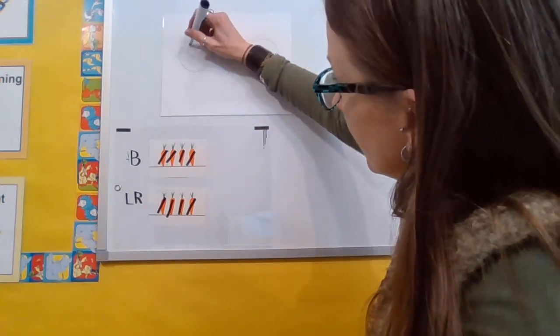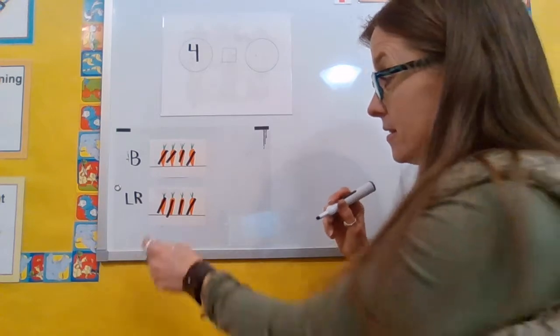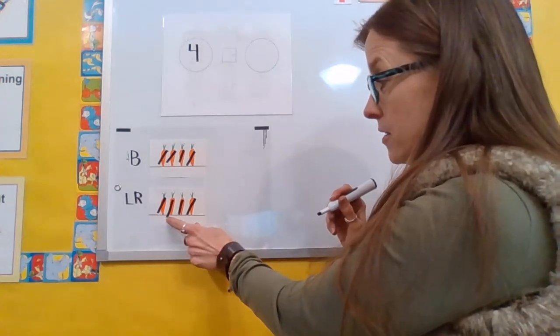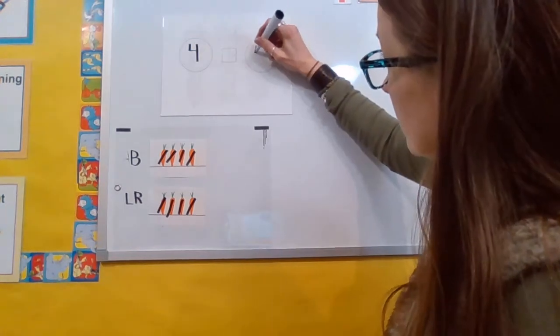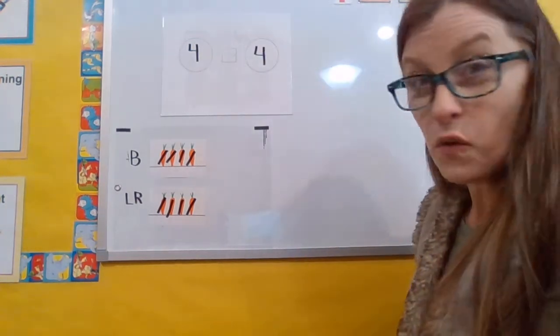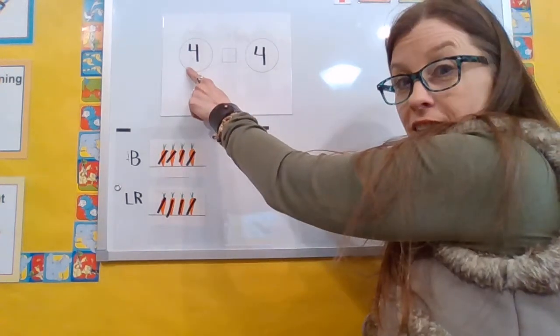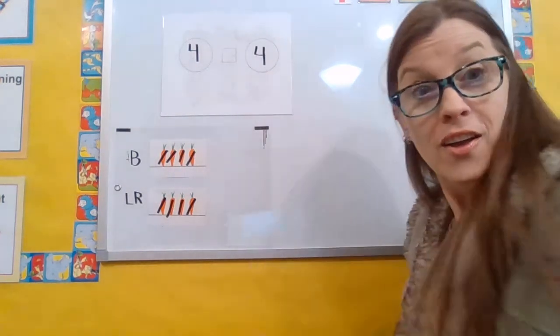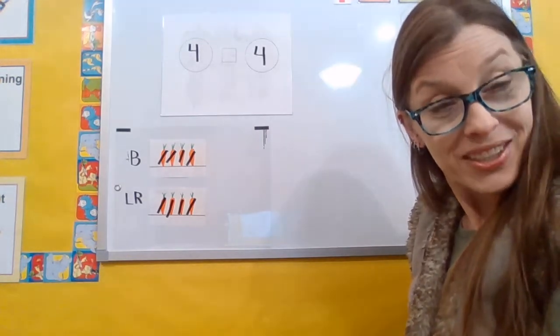Bird had 4 carrots. Let's count little rabbits. 1, 2, 3, 4. Little rabbit had 4 carrots. Look, 4 and 4. They're the same. Yeah, they're the same.